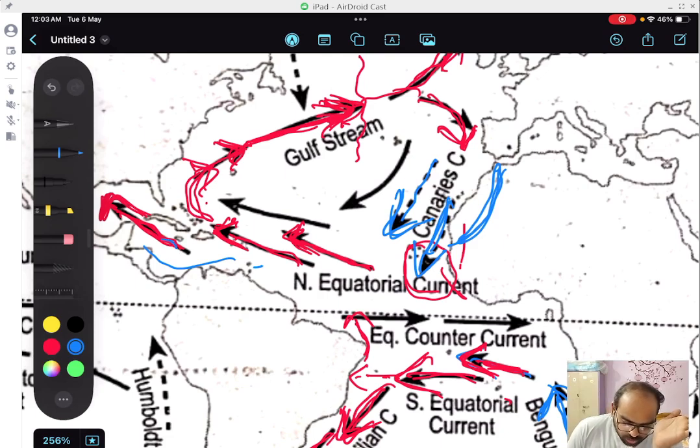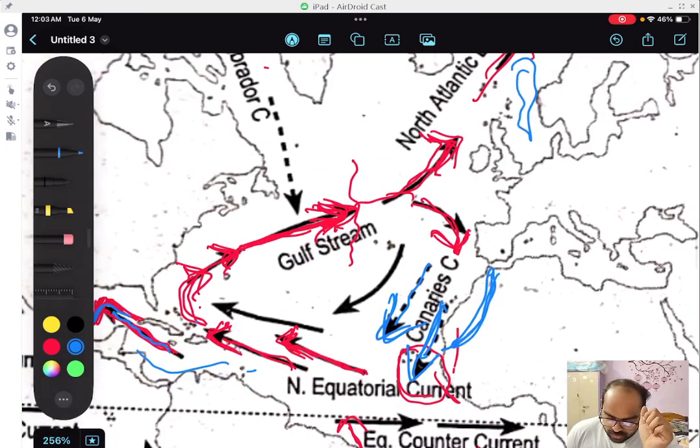One branch moved into the Gulf of Mexico, and another branch started moving towards the eastern coast of North America as the Gulf Stream. Once it comes under the influence of subpolar westerlies, it started moving from west to east.